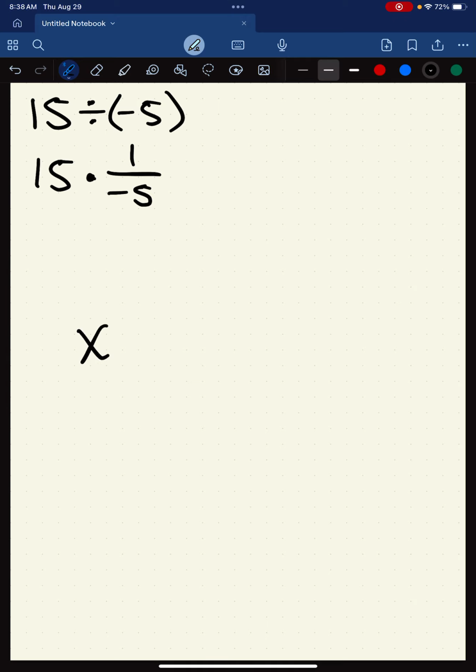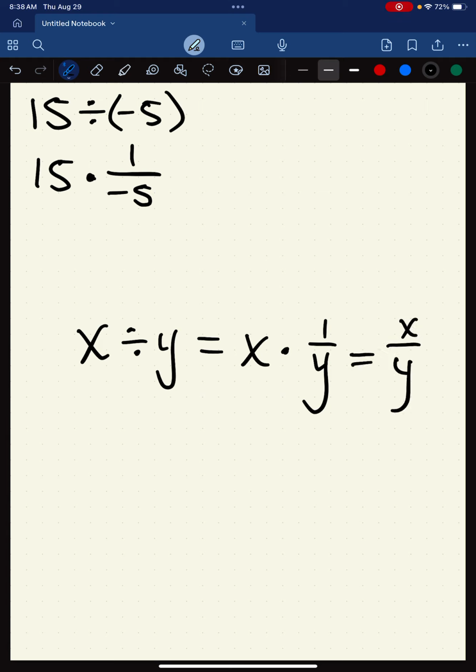Real quick on that, x divided by y is the exact same thing as x times 1 over y. Or the way you may see that is x over y. You've probably seen this notation before. X over y is the exact same thing as x divided by y. So I just like to use this middle process here, this x times 1 over.